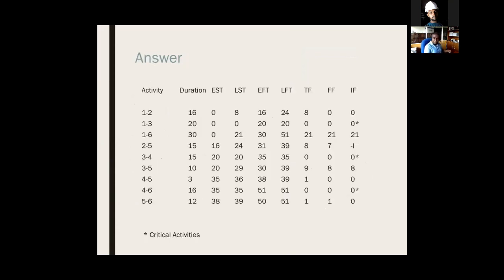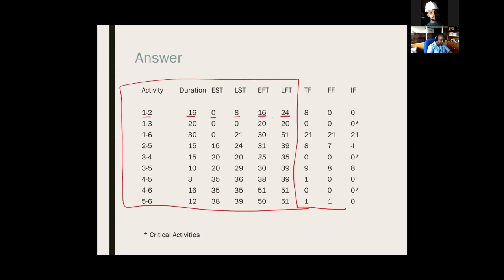And we should be able to prepare a table like this. For activity 1 to 2, the duration that is given, earliest start time, latest start time, earliest finish time, latest finish time, total float, and the things that we will discuss now. Up to this point, you should be able to understand this part by now, because you have done this.